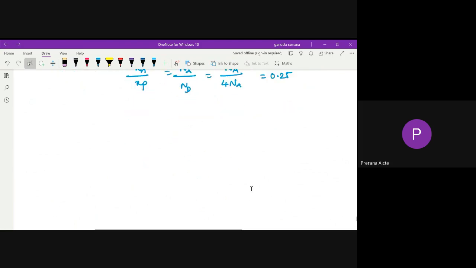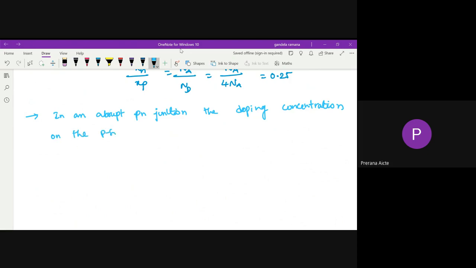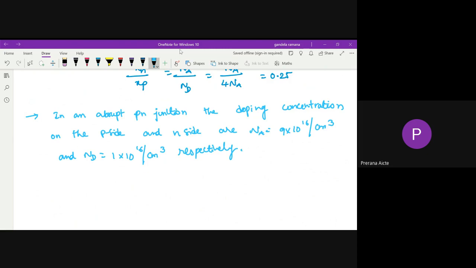So next problem. In an abrupt PN junction, the doping concentrations on the P side and N side are Na equal to 9 into 10 power 16 per centimeter cube, and Nd equal to 1 into 10 power 16 per centimeter cube, respectively.